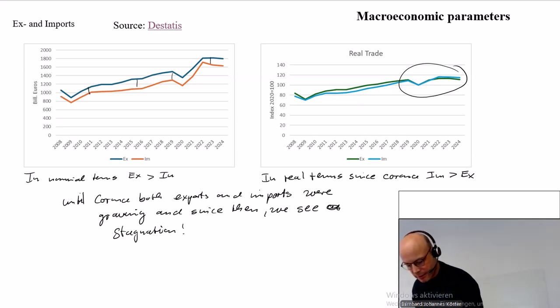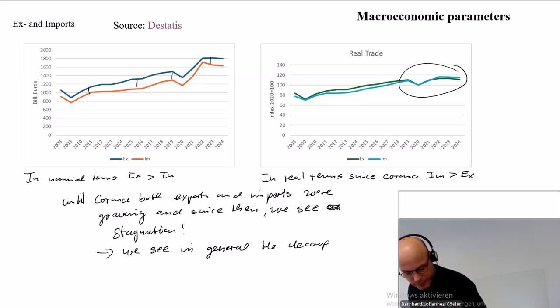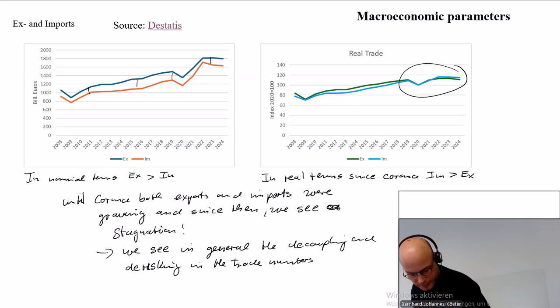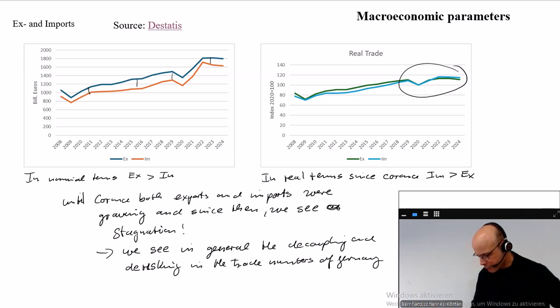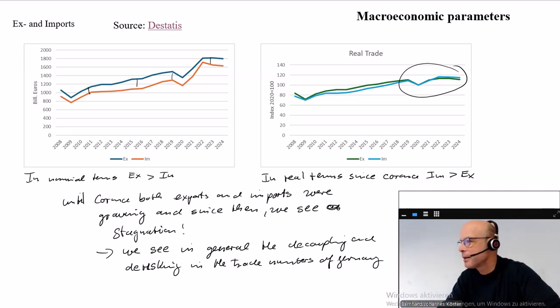So we see in general the decoupling and de-risking in trade numbers of Germany. And it will be interesting how this looks like in your country.